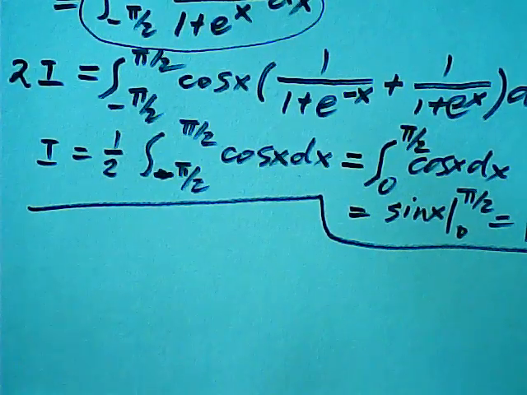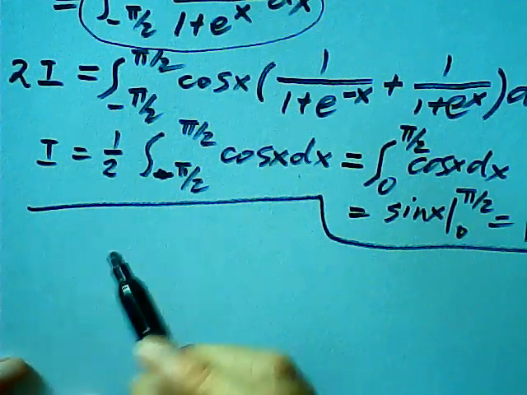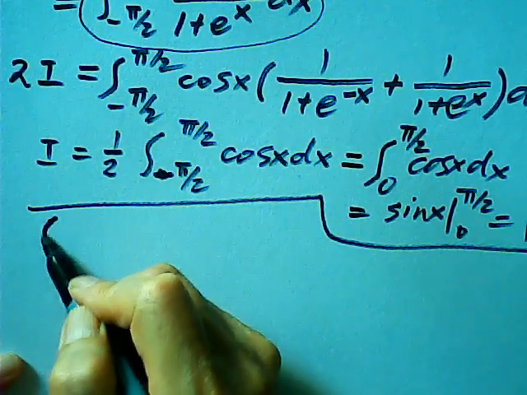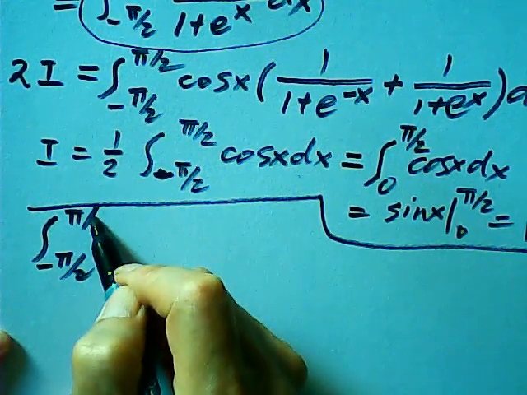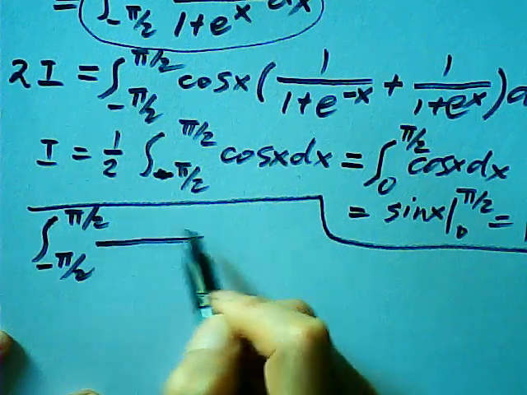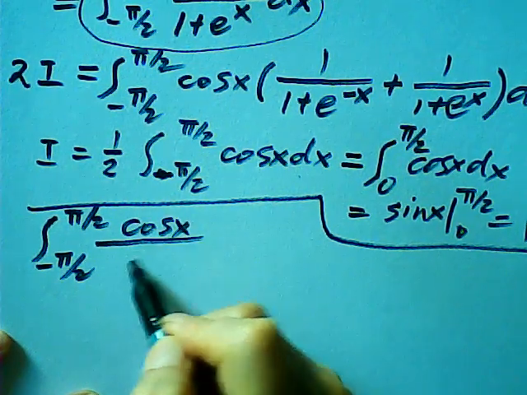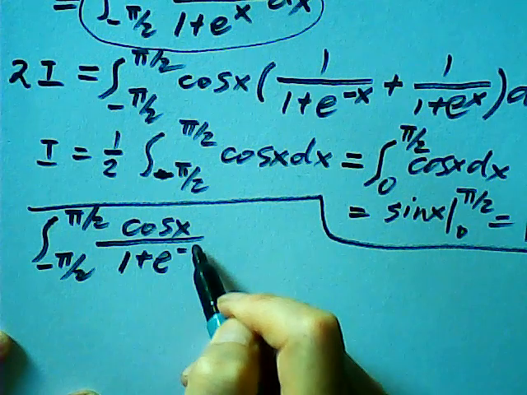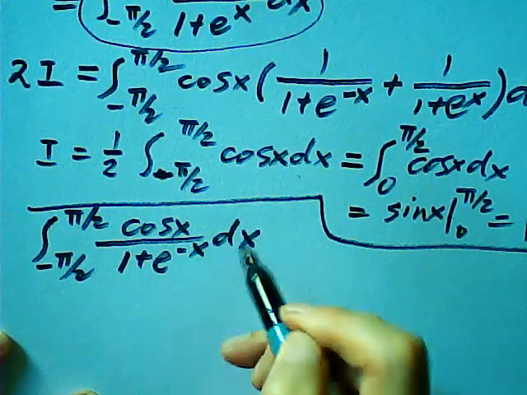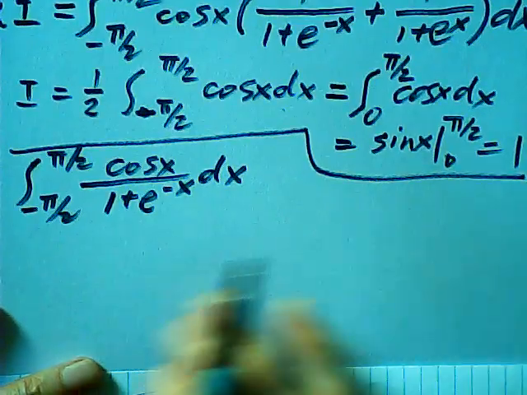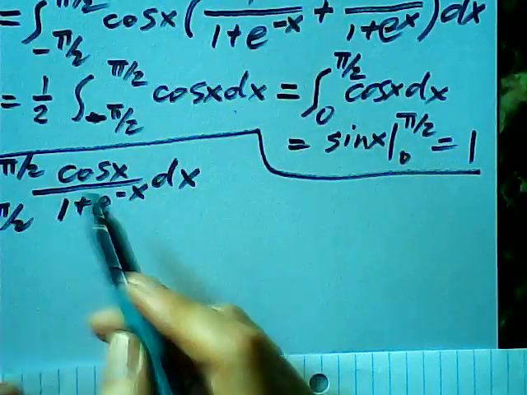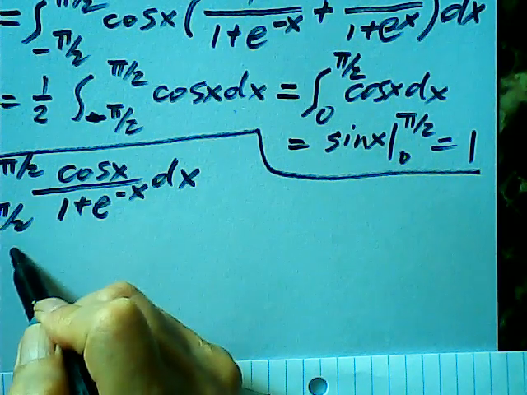The second method, well, from minus half pi to positive half pi, cosine x over 1 plus e to the negative x dx. The second method, I split this integral into two parts.